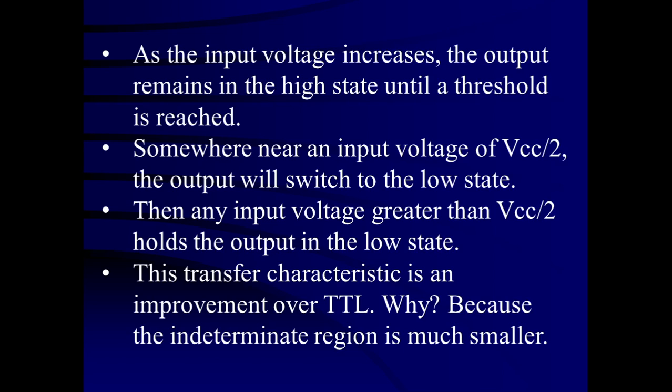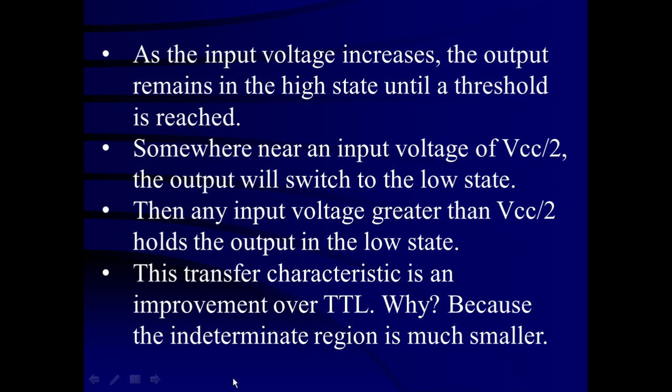The indeterminate window in a TTL is very large, while the indeterminate window in case of the CMOS IC is very small. And that is the main advantage of the CMOS logic family over the TTL logic family.